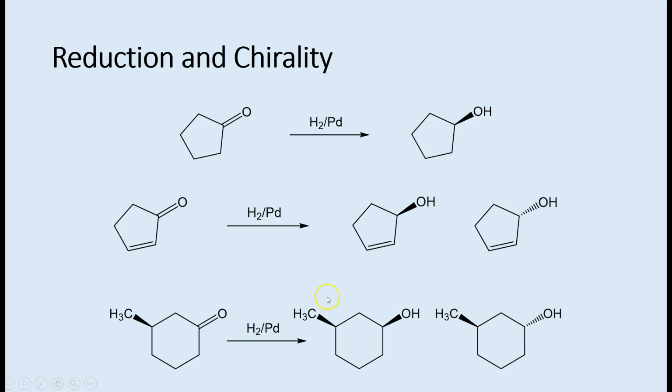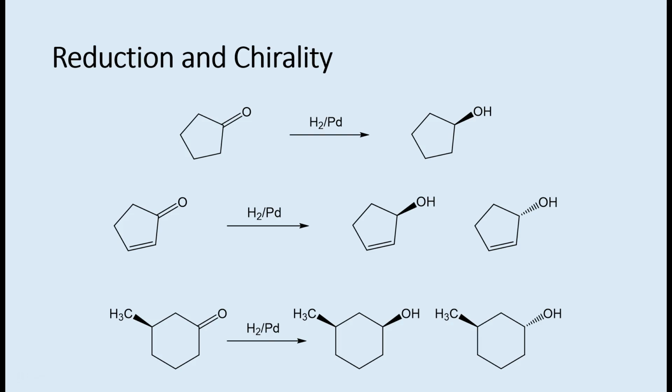And so I'm creating two new compounds which have different configurations at the tetrahedral carbon I created, but retain the same configuration at the chiral center that already existed. Okay, there's a series of reduction reactions in your worksheet, so if you wanted to stop and work on reductions, you're perfectly welcome to do so at this point.